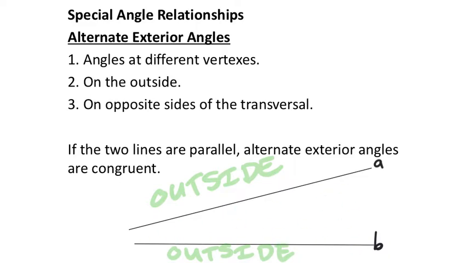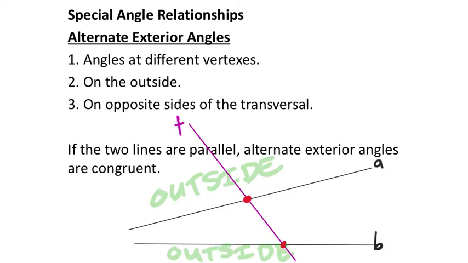Now that I have that, let's give ourselves a transversal here. And again, I'll call this line, or you could say line segment T if you wanted. All right. So we have the two vertexes, the two vertices here and here. And we know that alternate exterior angles have to be on the outside of the two non-transversal lines.